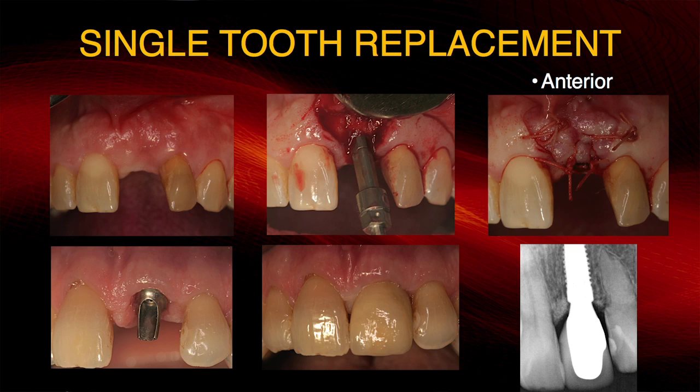So you can see here is a site where we're going to place a single implant to replace a central incisor. We're going to design the flap so we come around from this area in here. We're going to come around the lingual.